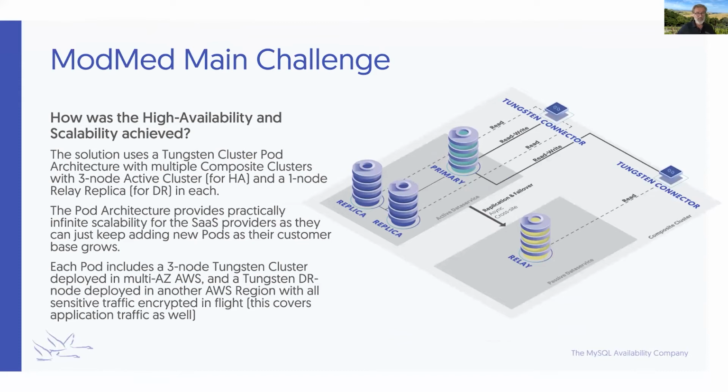How we dealt with that is a combination of availability and scalability. When you build this product architecture, you create one of these pods, fill it in with the customers, and then you keep adding additional pods as time goes by.